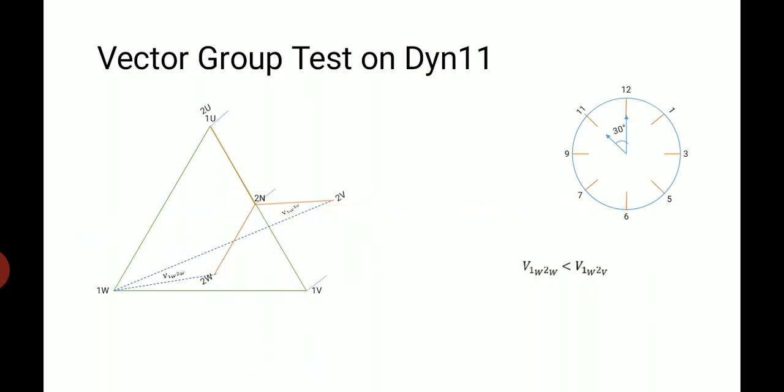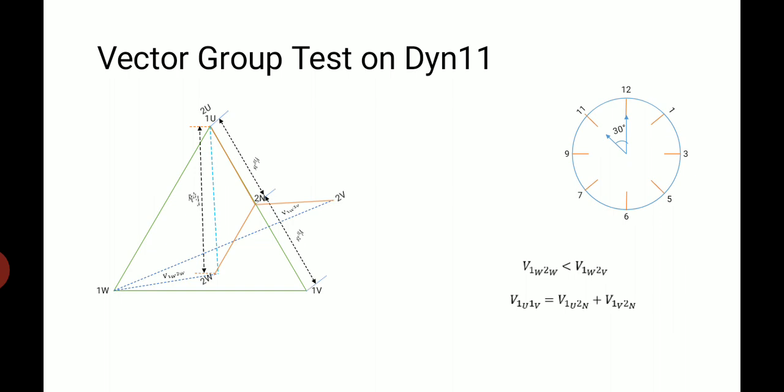Another voltage is required to be measured across the terminals 1U of primary with neutral of secondary, and second is 1V of primary with neutral of secondary side. The vector sum of these voltages is equal to the voltage across the 1U terminal and 1V terminal of primary side, which means the line to line voltage.